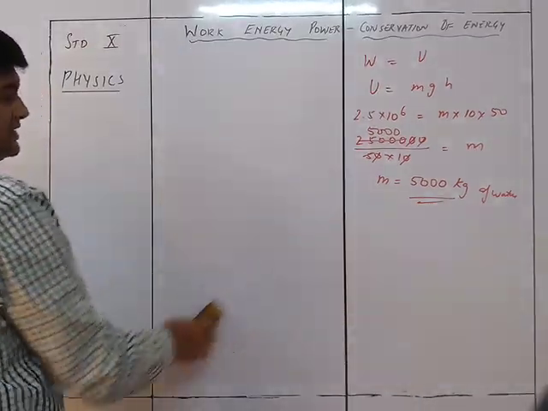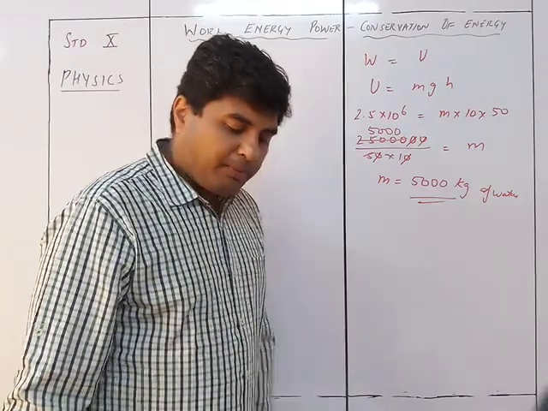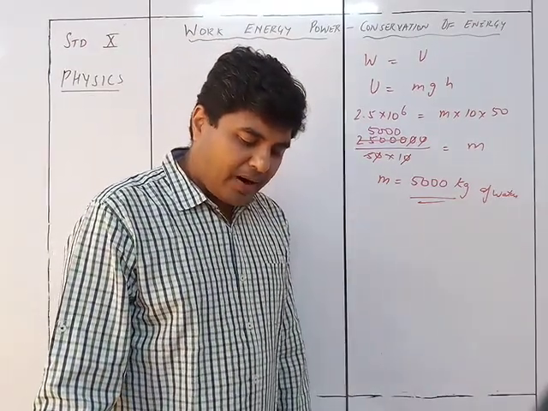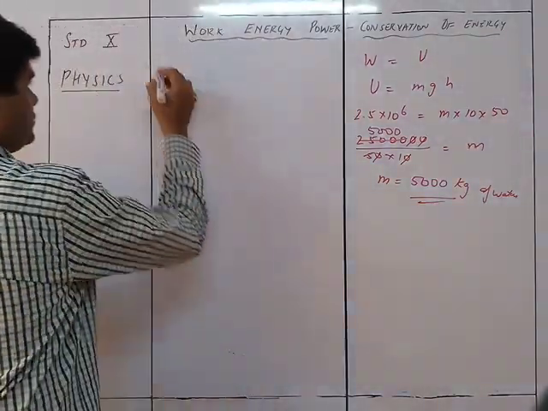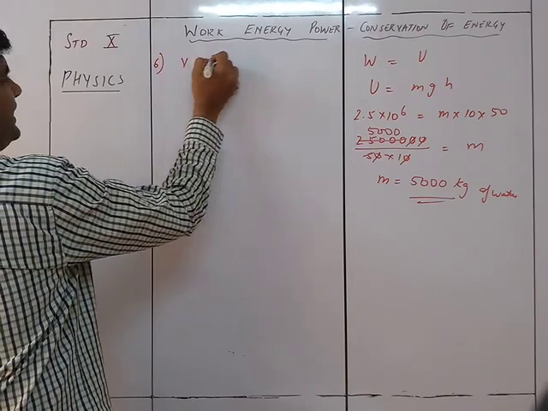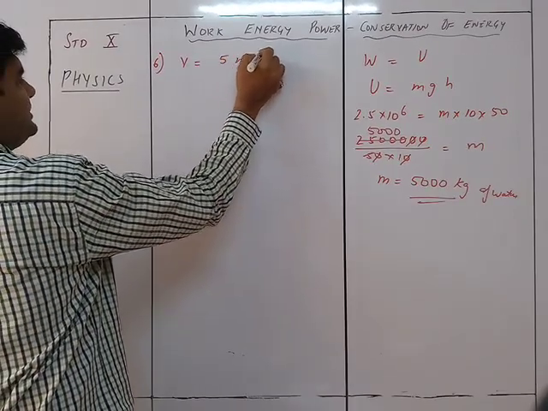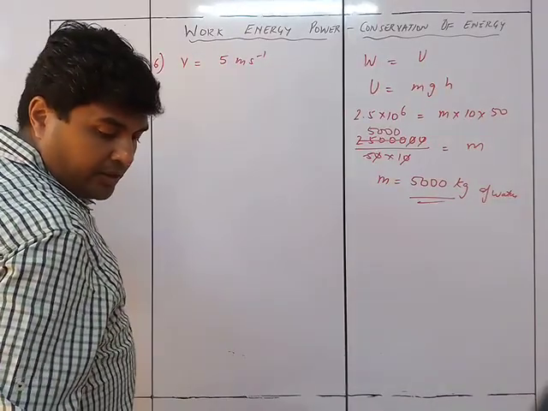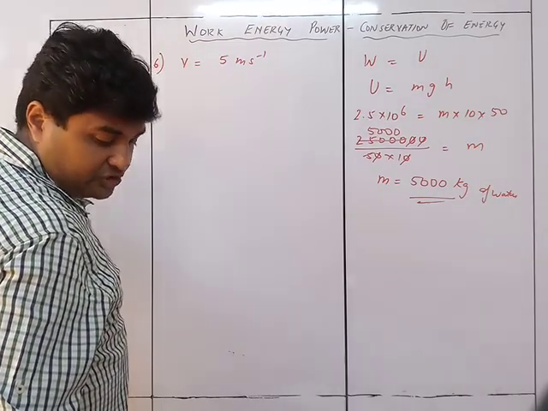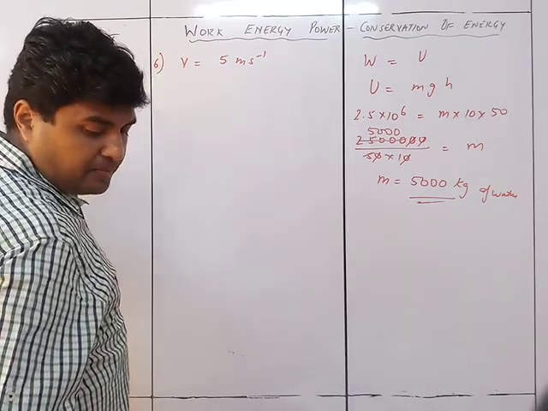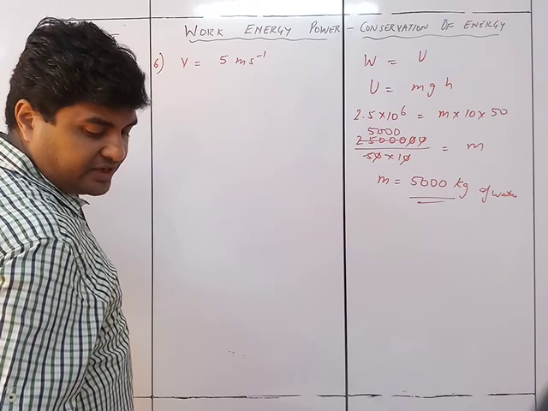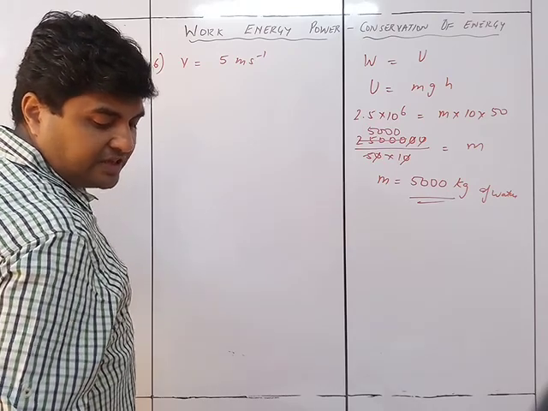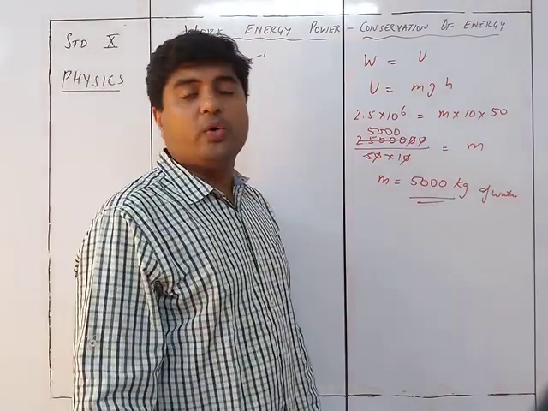So sum number 6: a bob of a simple pendulum is imparted a velocity of 5 meter per second when it is at its mean position. So what maximum vertical height will it rise on reaching an extreme position if 60% of the energy is lost in overcoming the friction?